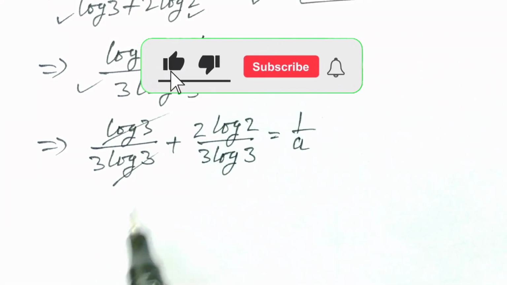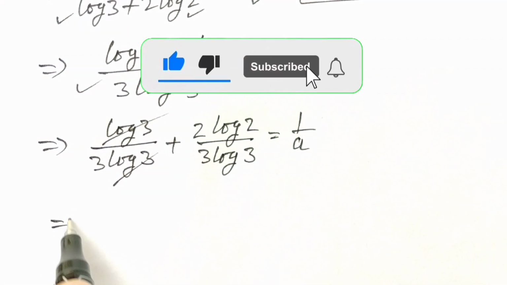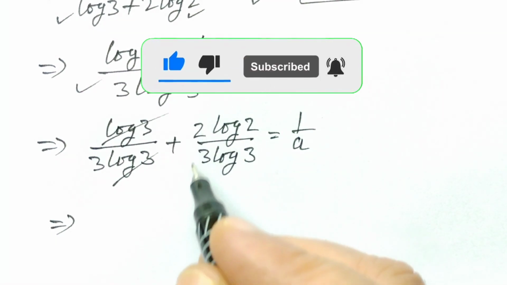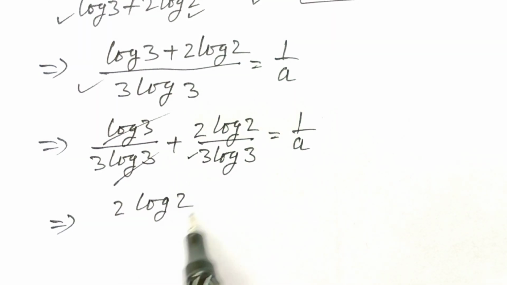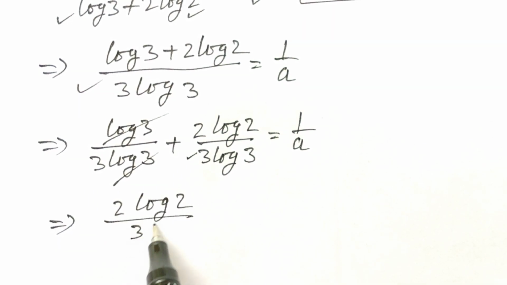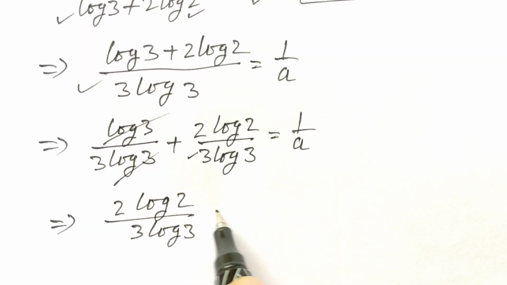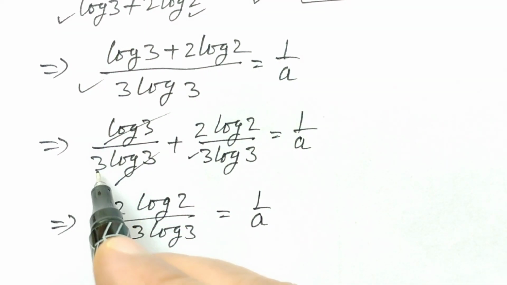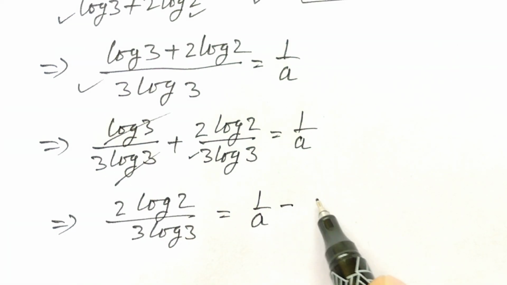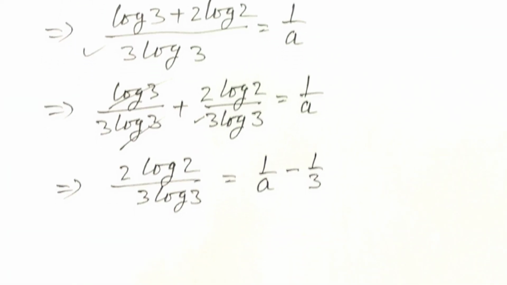Now this and this will get cancelled out. So if we take this, 2 log of 2 over 3 log of 3 is equal to 1 over a and 1 over 3. This will be minus 1 over 3, right?